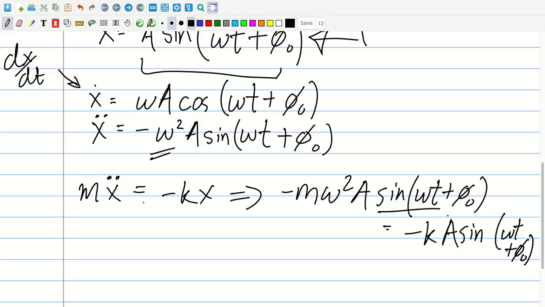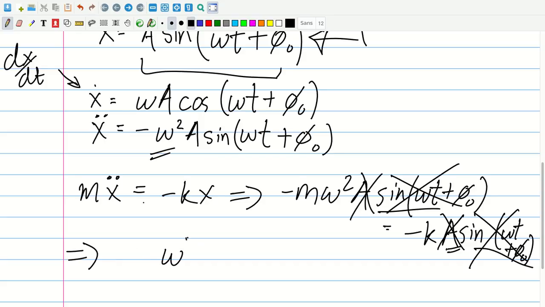These are common to both sides, and so is A. So I can just go ahead and cancel both A and the sine. And what that leaves me with is this nice equation that says m omega squared equals k, right? So k is the spring constant.